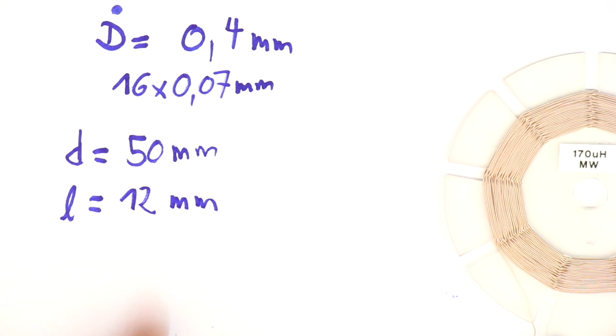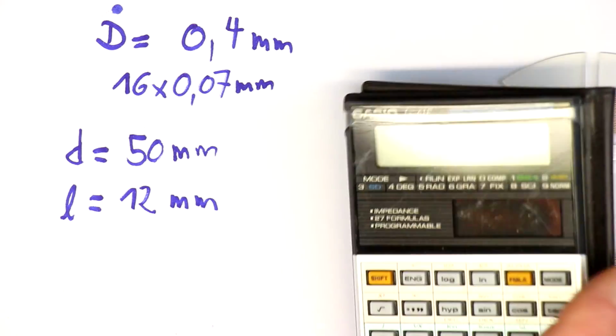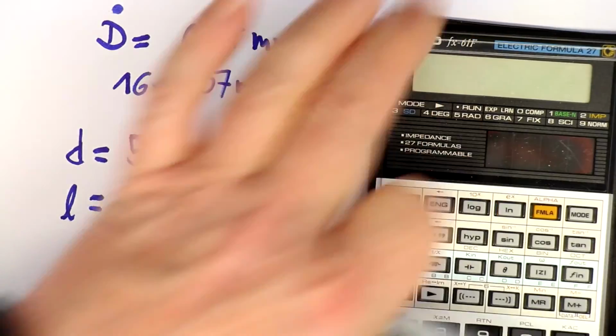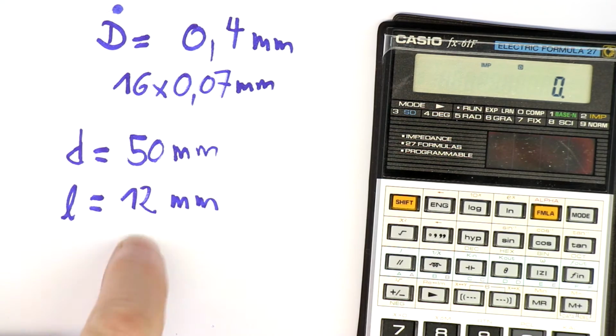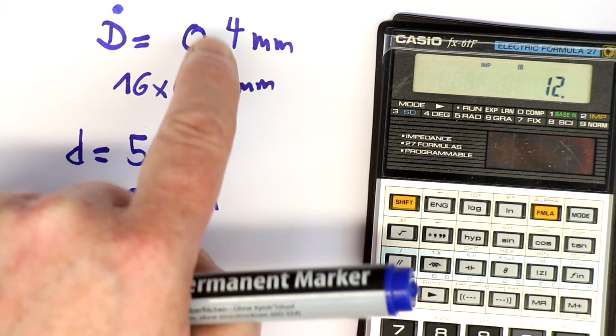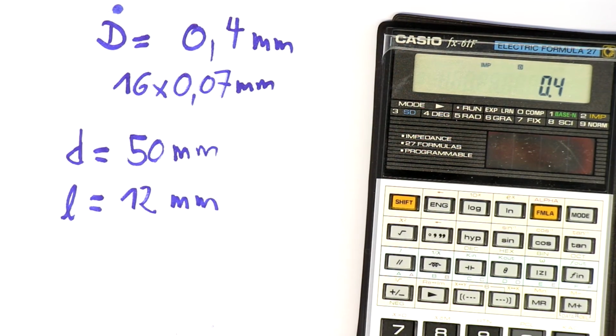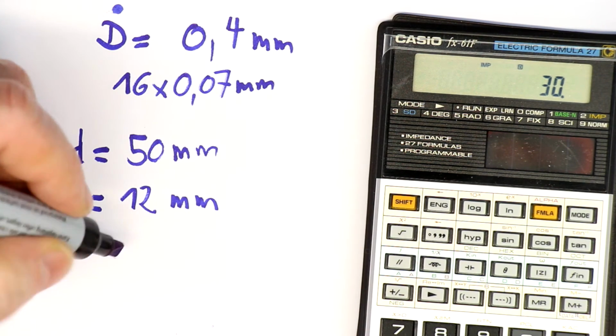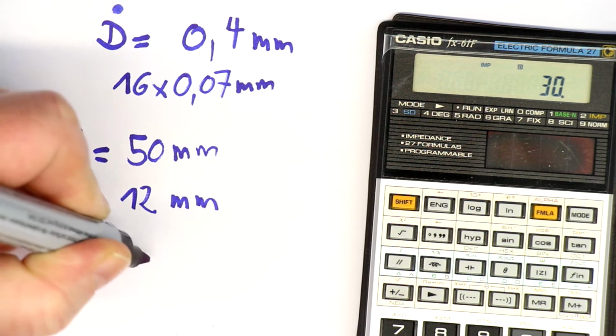So that shall be all. You can also calculate how many windings I've used here, at least approximately, by dividing the length through the average diameter. So these are around 30 windings, 30 turns. It is in fact a bit more.